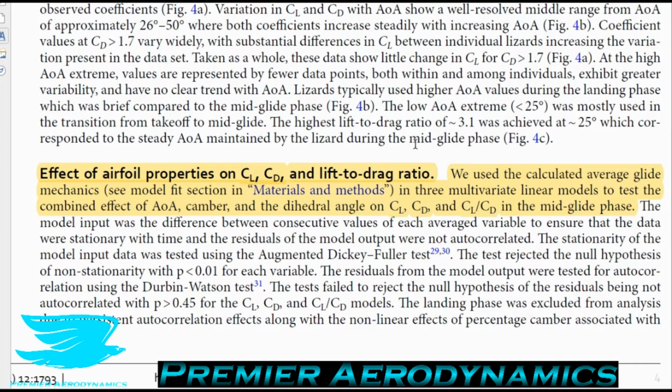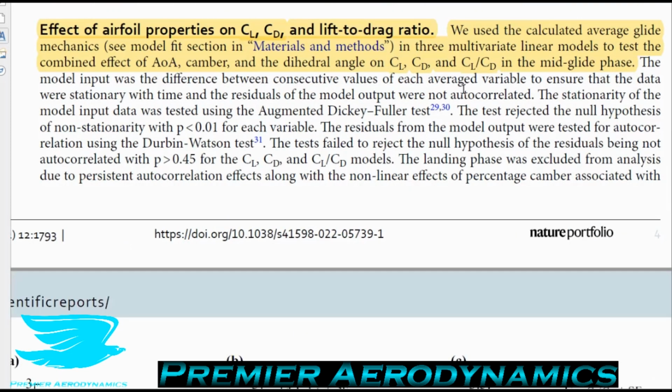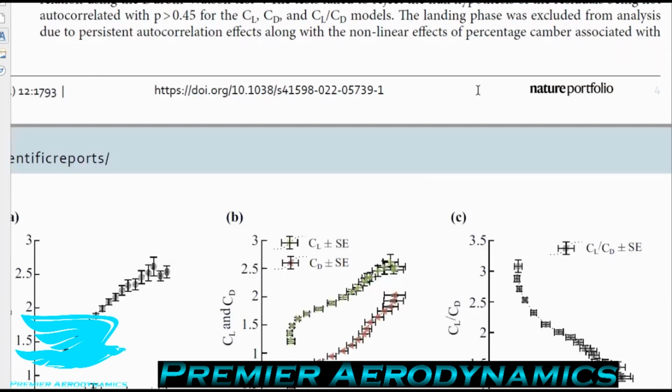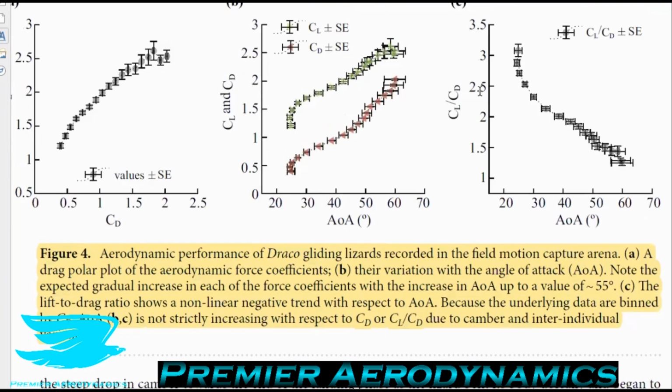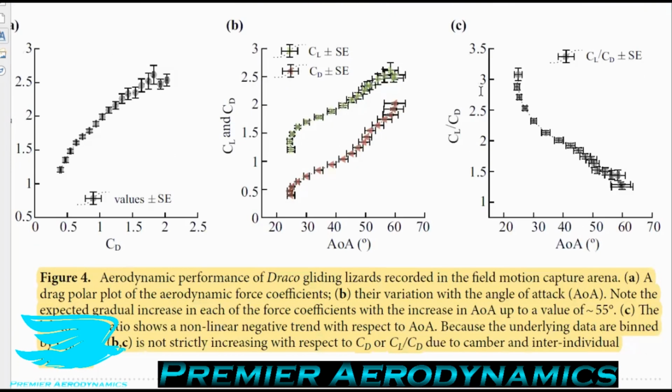So in other words, they just have a model that they're putting different variables into to see how these different variables affect the flight. And this is shown in figure 4 as the aerodynamic performance of the Draco gliding lizards recorded in the field motion capture arena as the drag polar, the lift and drag coefficient ratios, and the lift to drag ratio.